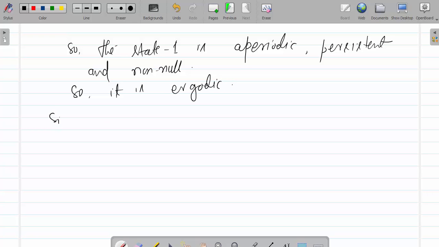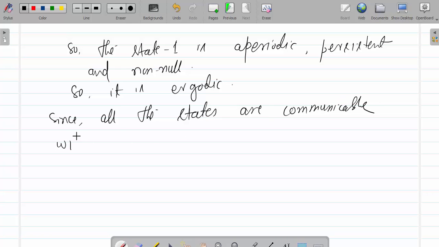So since all the states are communicable with each other, the Markov chain is irreducible.